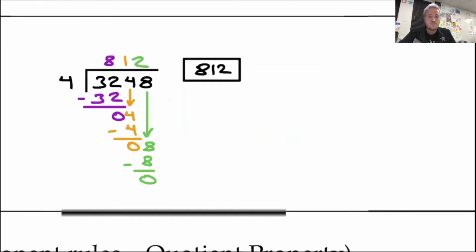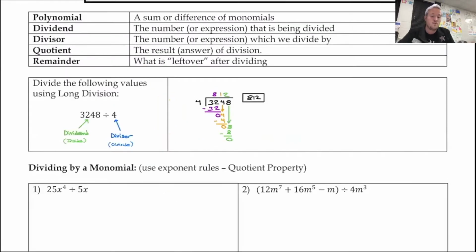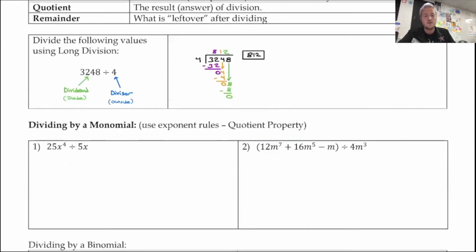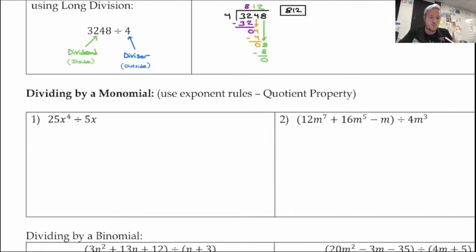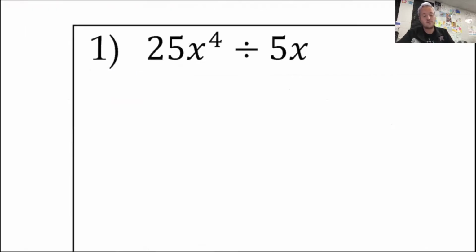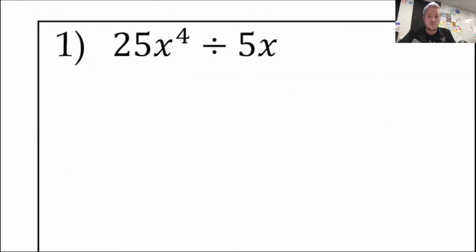All right. So we're going to follow the same process for polynomials. It is going to be a little bit more in-depth. Whenever we're dividing by a monomial, so just one single term, you can just do your exponent rules, which is the quotient property, which is what we covered in 6B. Looking at this very first one, I want to do 25x to the 4th divided by 5x.